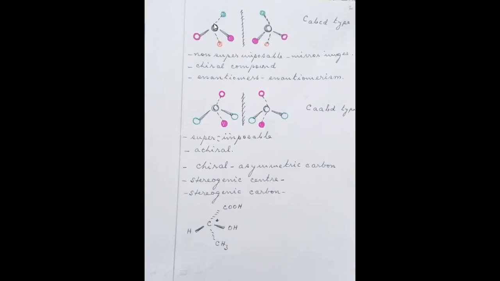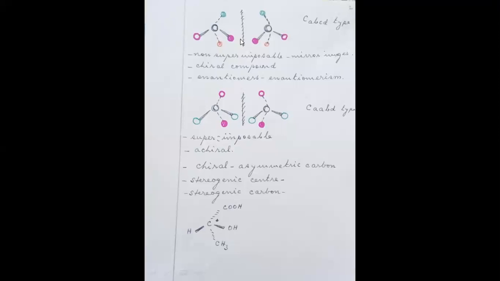If the bonds are drawn in dotted lines, this means that these two groups are away from the viewer. See, actually, these two bonds are not in the plane of your screen. Actually, it is projecting towards you. And also, these two groups are not in the plane of the screen. Actually, they are projecting away from the screen.